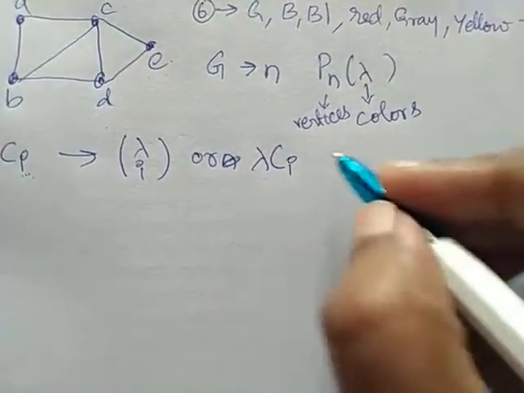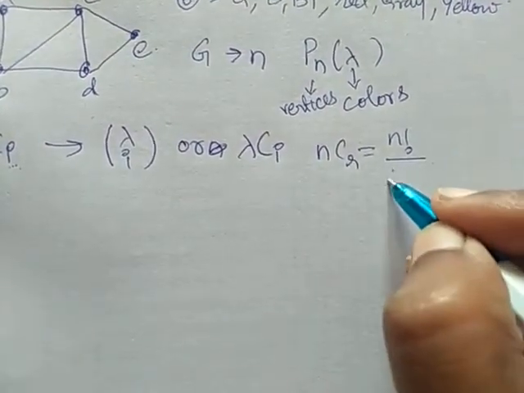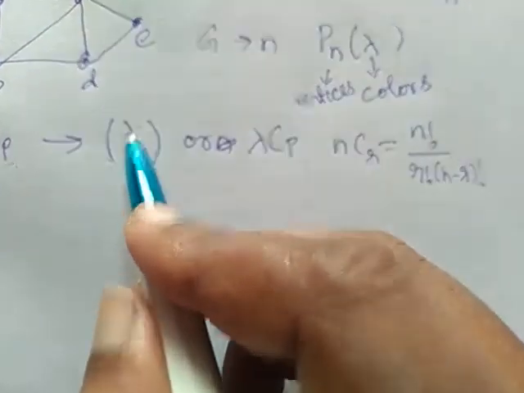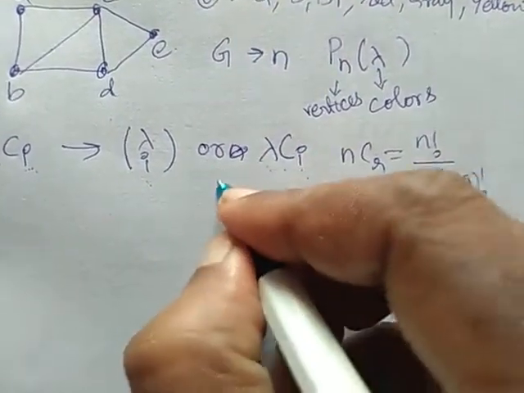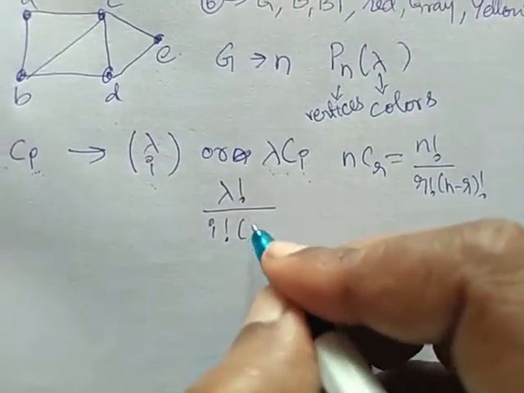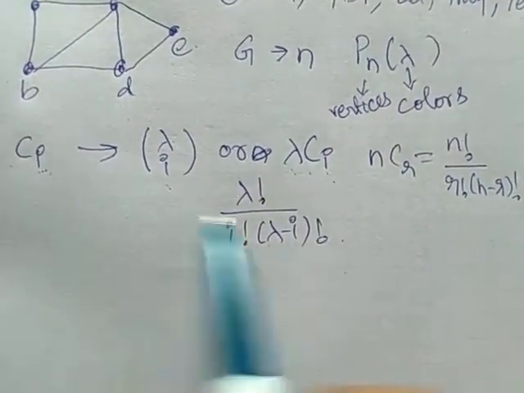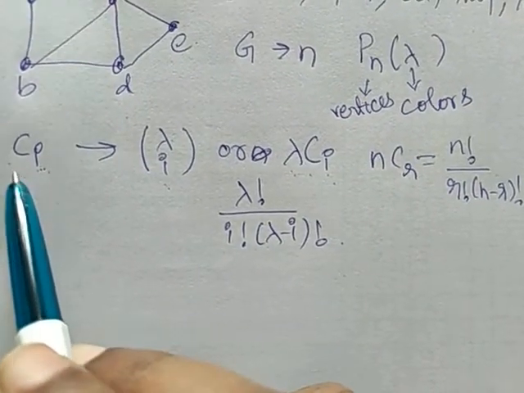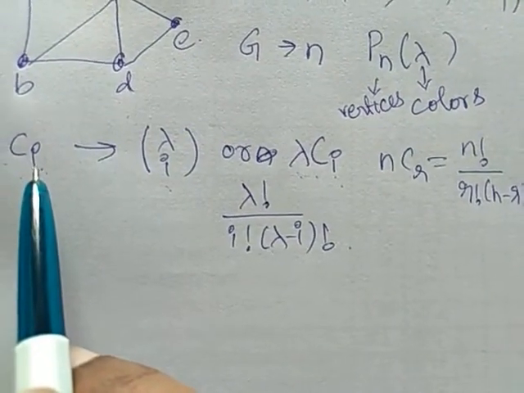See, what is the formula for nCr? n factorial by r factorial into n minus r factorial. This we are denoting with lambda i. Lambda i means lambda Ci. So what is the lambda Ci formula? Lambda factorial by i factorial into lambda minus i factorial. So this Ci gives us in how many ways we can color a graph properly using exactly i number of colors.